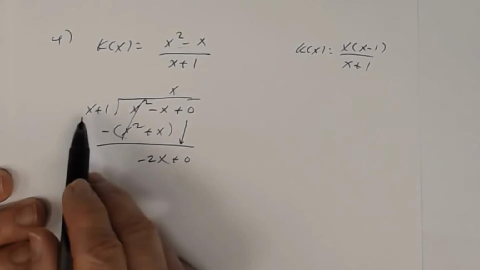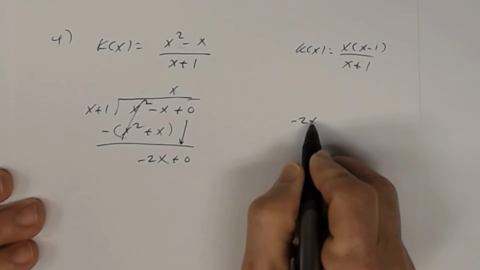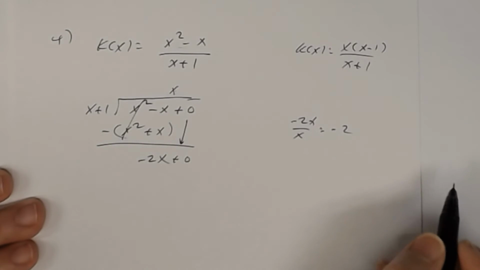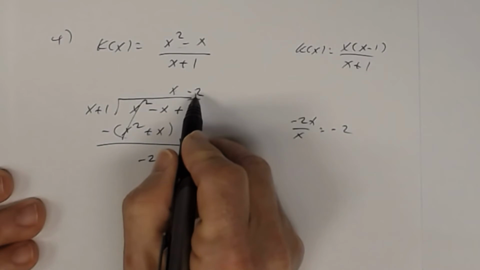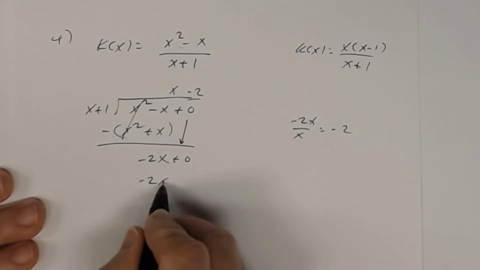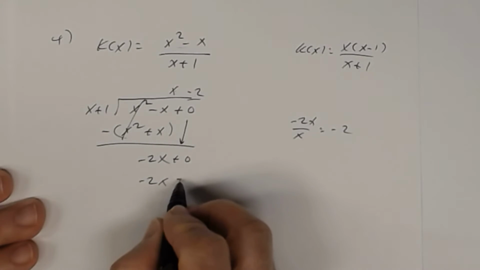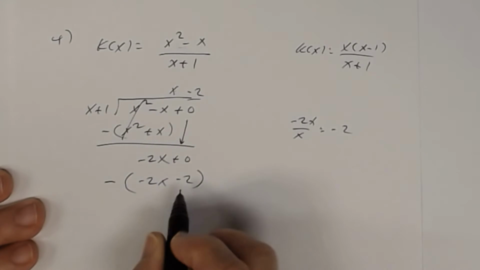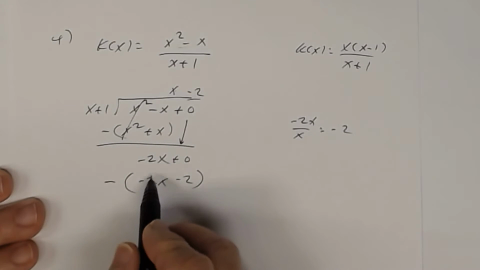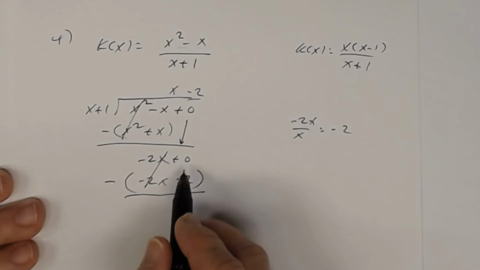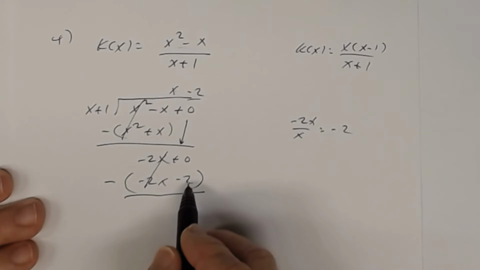So negative 2x divided by x is negative 2. That goes here. A negative 2 times x is a negative 2x. Negative 2 times 1 is a negative 2. Then you subtract. Negative 2x minus a negative 2x is 0. 0 subtract a negative 2 means 0 plus 2, which is 2.